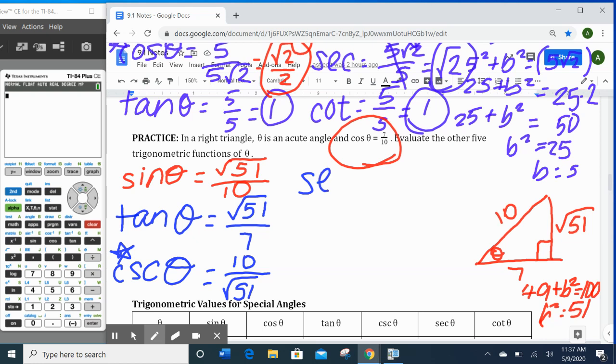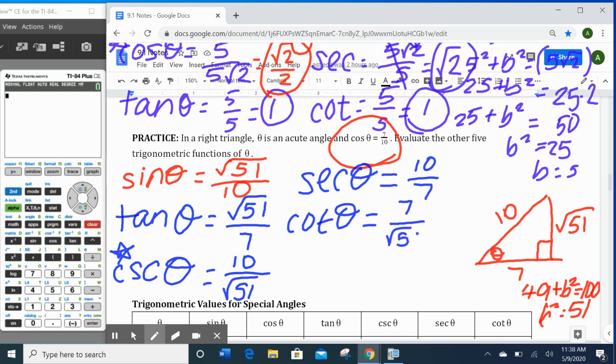The secant is the reciprocal of cosine, or hypotenuse over adjacent, which is 10 over 7. And then the cotangent is the reciprocal of the tangent, or adjacent over opposite, which is 7 over root 51. So I guess I could do that one first or come back to it.